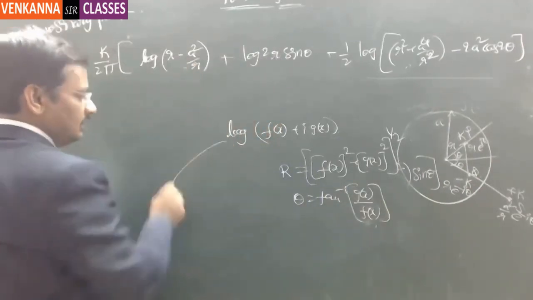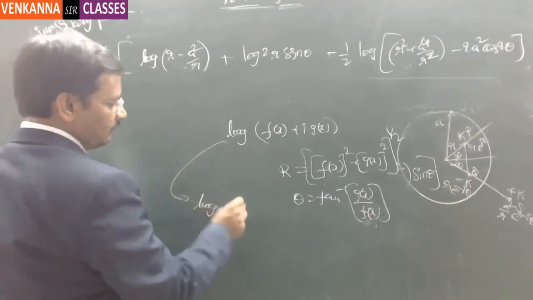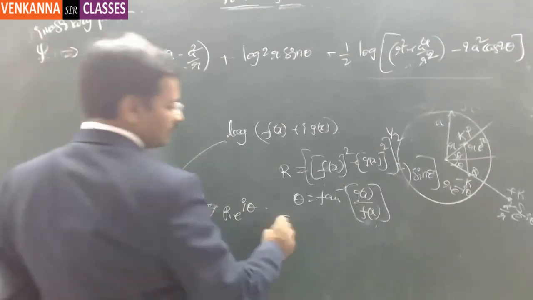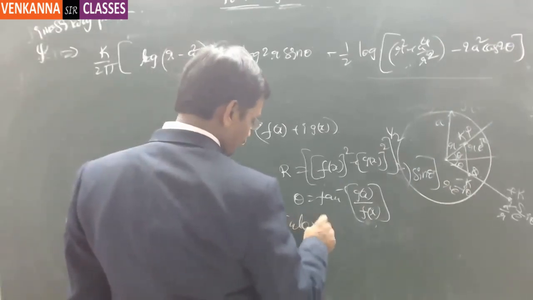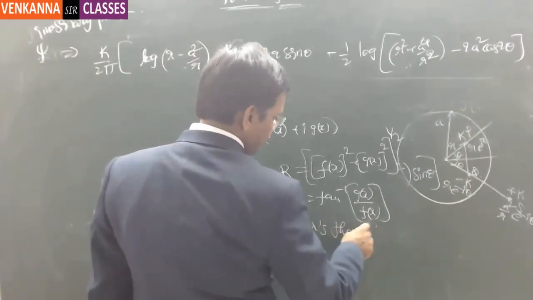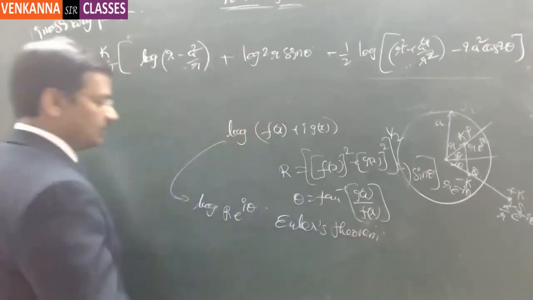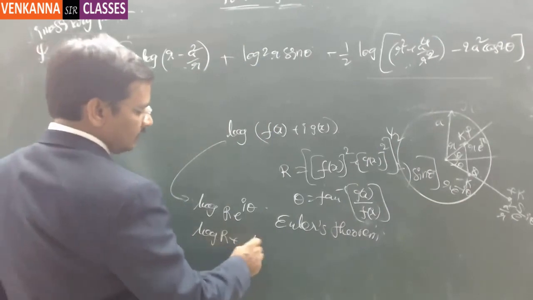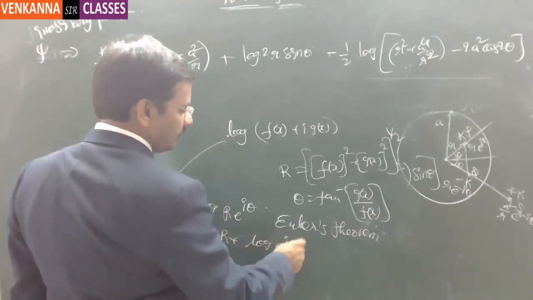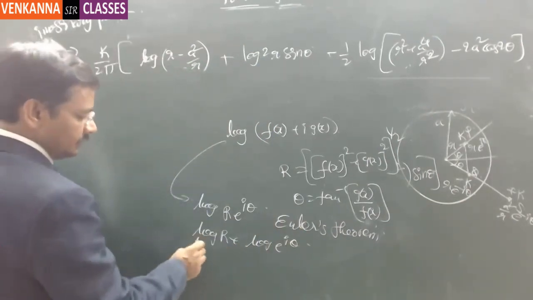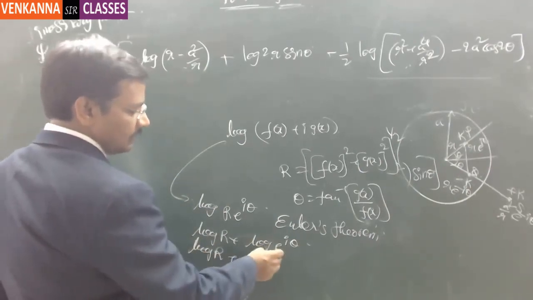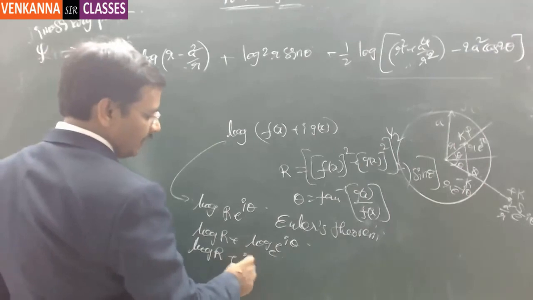Now actually this we are writing as log of r e power i theta. So this is based on Euler's expansion, or Euler's theorem. So here again we put log r plus log e power i theta. Now here this is log r plus e power i theta, so this will be i theta.